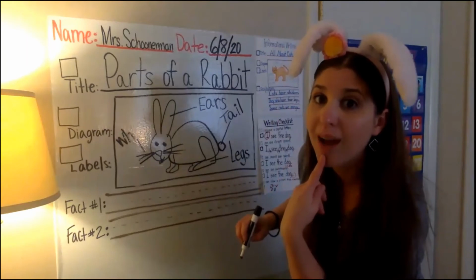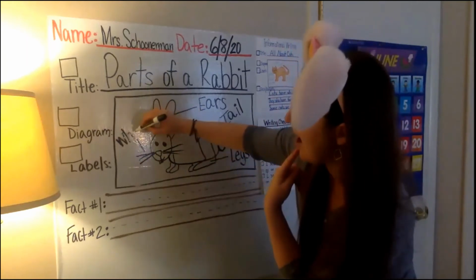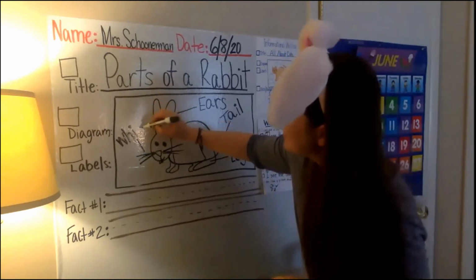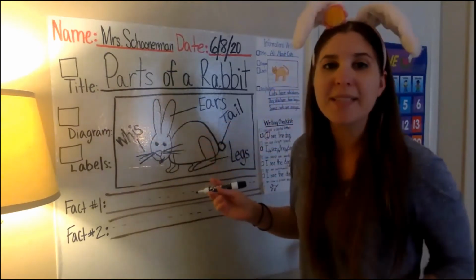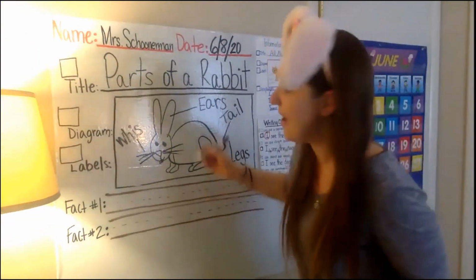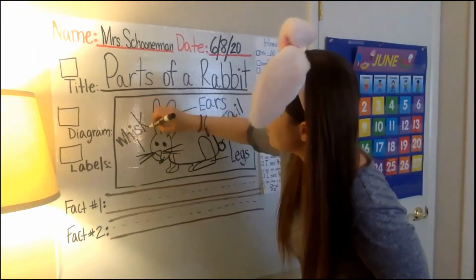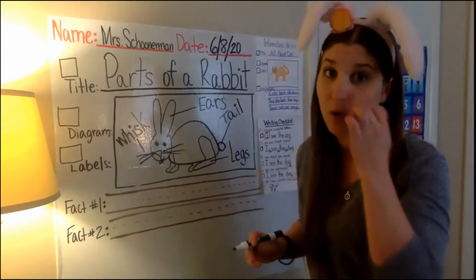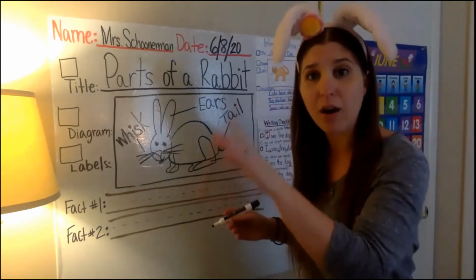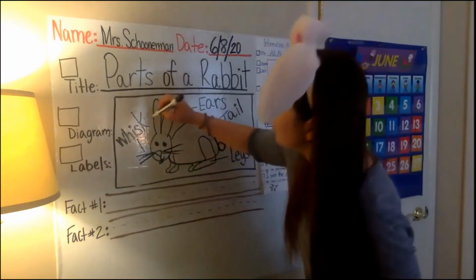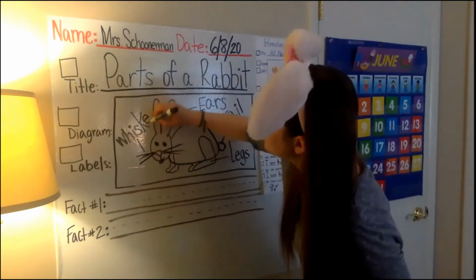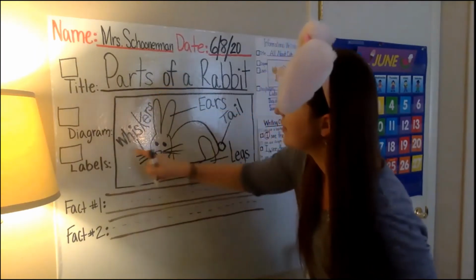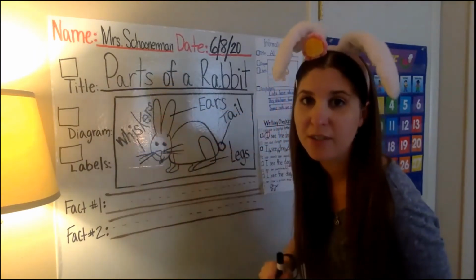Whoa. I, whisk, S, whisk, K, whiskers. Okay, that's the E-R-S that we're going to add to the end of the word. Whisk, E-R-S, whiskers.